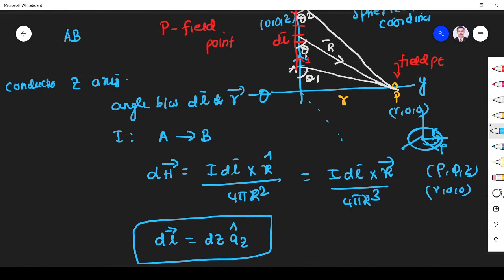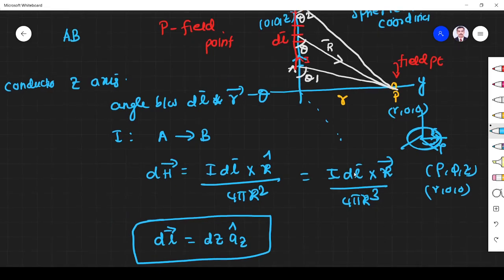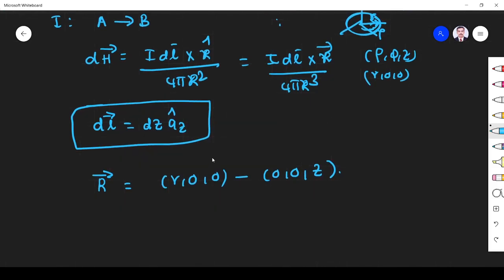right? Next, what about this point? Source point is 0 0 z, right? So what happens? It is in rho, in vector. It is in rho direction. So how can I write? r in a rho direction, and z is 0 minus z component only, z into az. r vector, right?